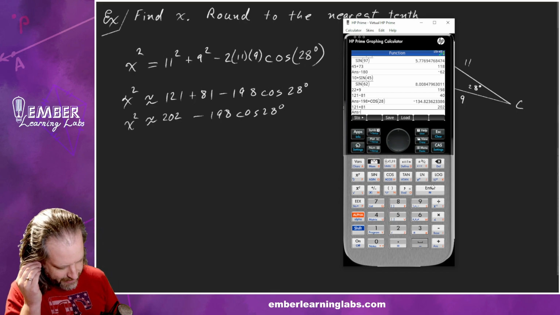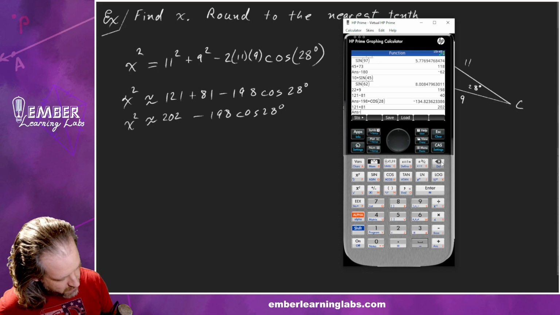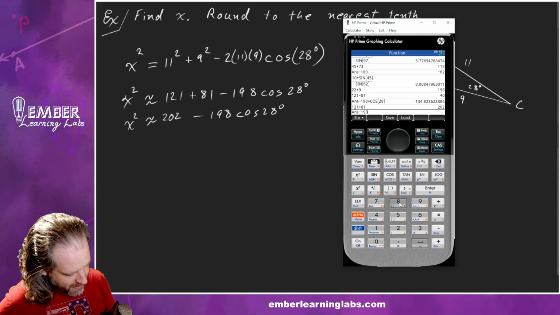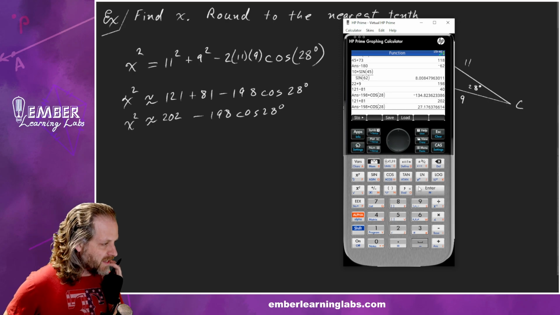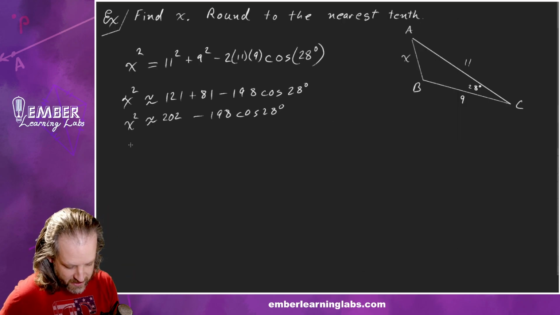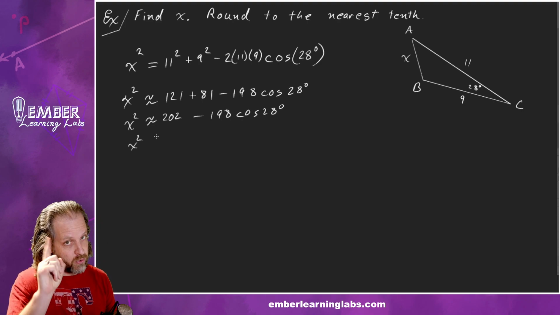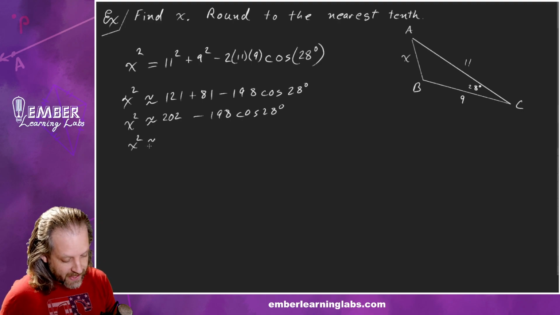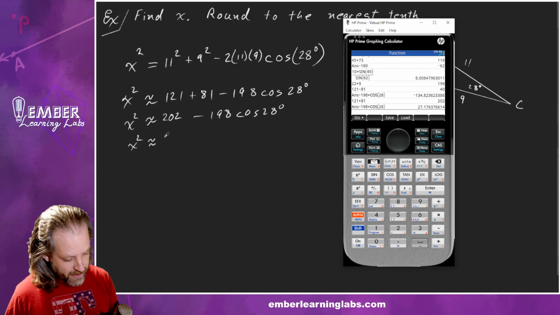Anyway, trust your gut sometimes. Minus 198 times the cosine of 28 equals, that is a lot better looking, 27.18 x squared. Important, right? Don't forget that last step. X squared is approximately equal to 27.18.